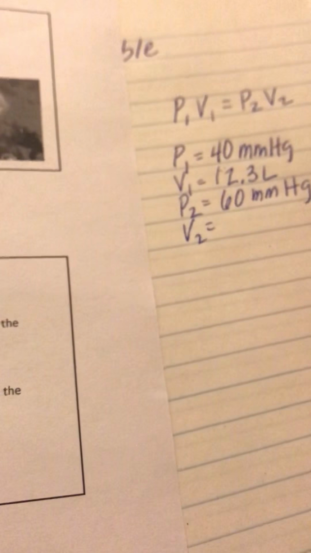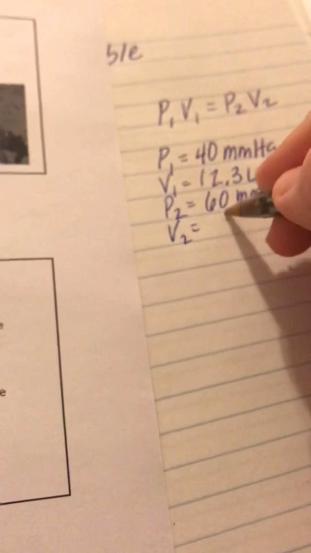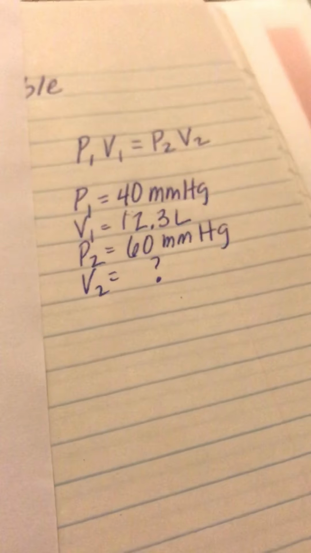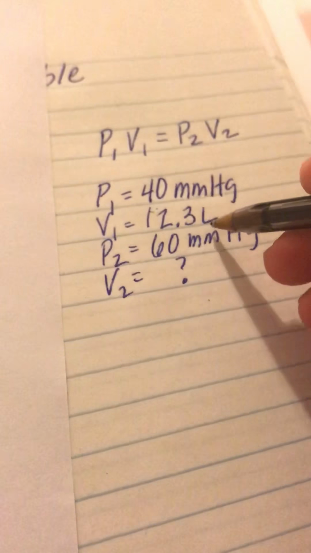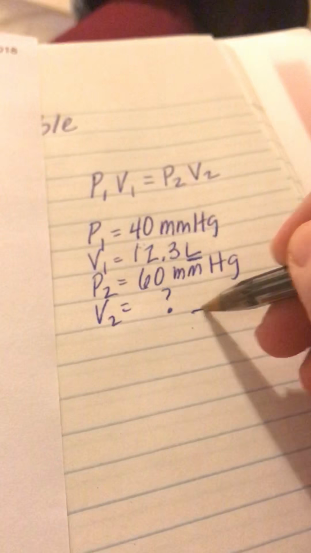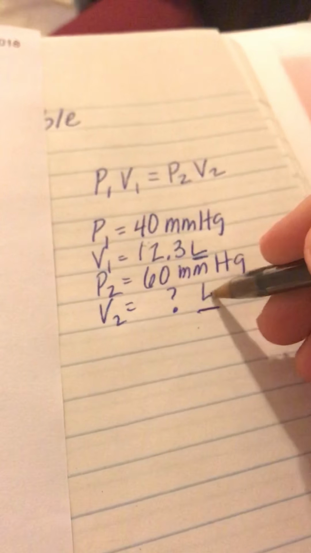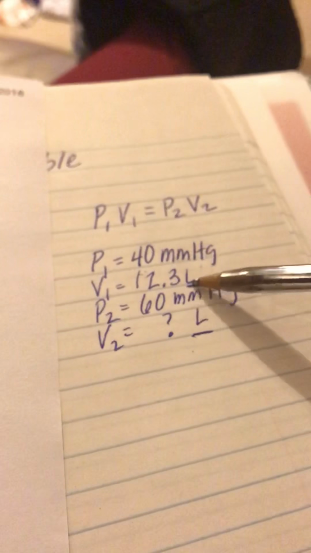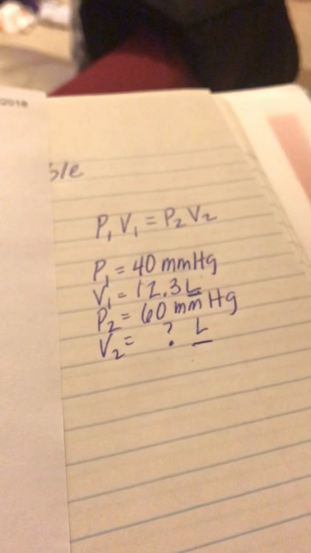Those are the three that I have. The volume is going to be a question mark, meaning I'm going to find it. Notice that your volume here is in liters, so the volume we find is also going to be in liters, because the pressures' units match.